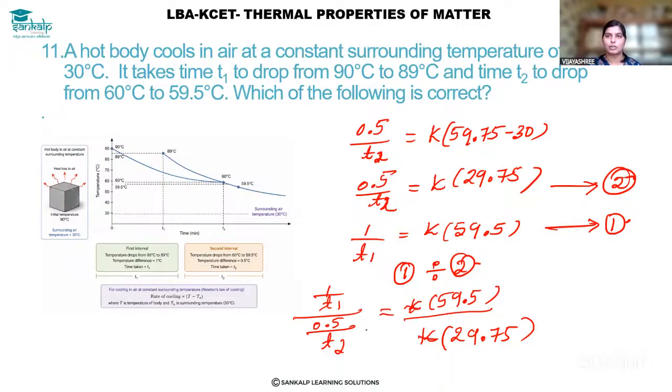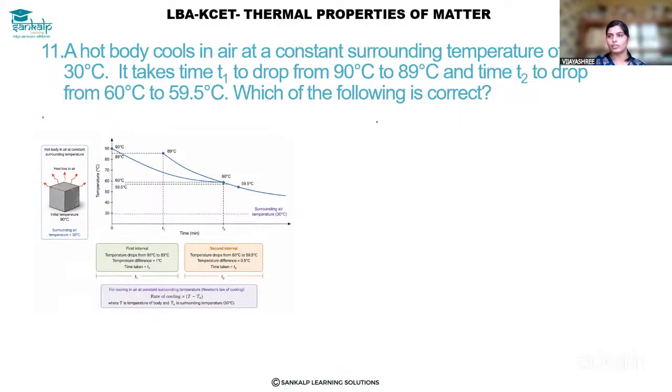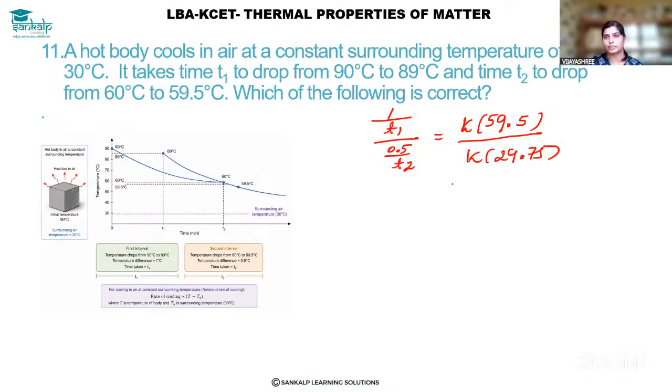I will simplify this further. Note down this. So what we have obtained: 1 by T1 divided by 0.5 by T2 equal to K into 59.5 divided by K into 29.75. This was the final expression, right?